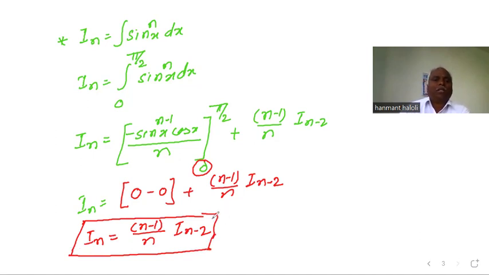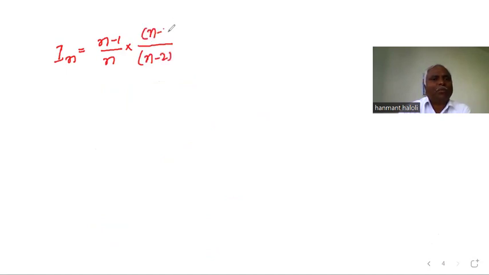This is the formula. Now similarly, if you want to reduce further, calculate I(n minus 2), then I(n minus 3). I'll go to the next slide. Again you can calculate the value of I(n minus 2) by using the reduction formula. Then we get such an integral. I'll write the formula directly here. For the sine function you get (n minus 1) upon n into, again here n minus 1 goes on top, then n minus 2 comes down, and here n minus 3 goes to the numerator: alternately one up, one down.